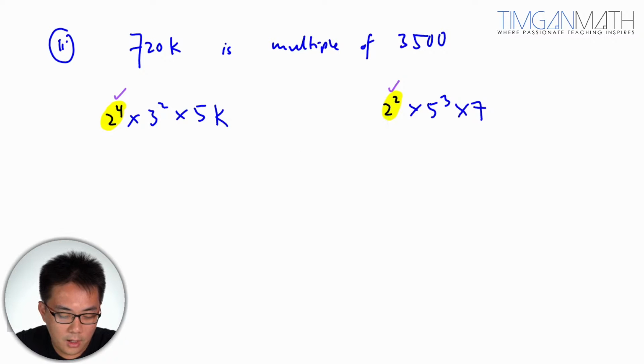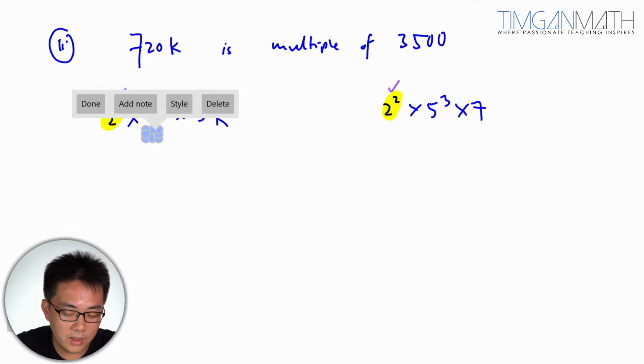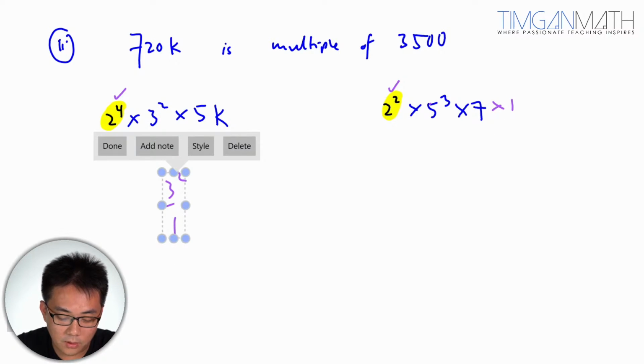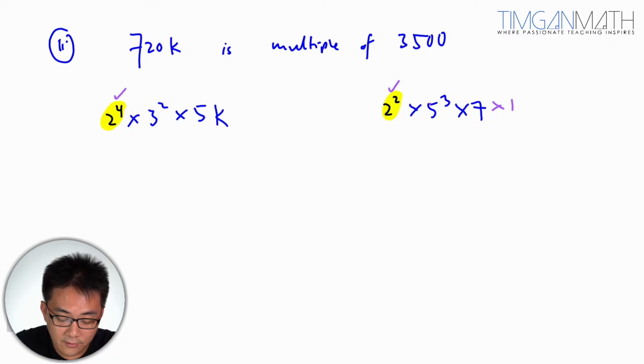After which we move on to 3 squared. It doesn't matter whether 3500 has it here or not, because you can just put a 1 here. 3 squared could be divided by 1, so it's fine. Let's move on to 5.